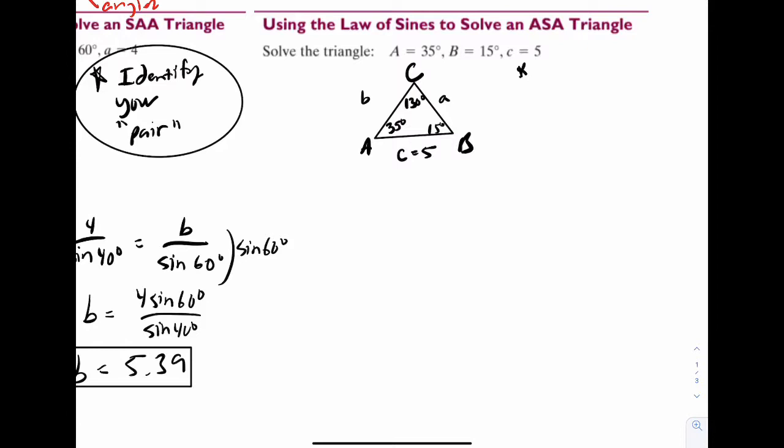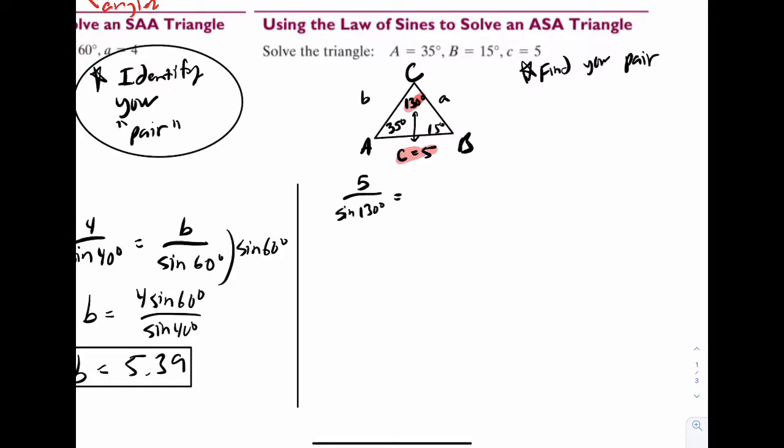Now again, the first step, find your pair. Hopefully you can already tell the pair is going to be right here, your 130 and your 5. So you can just highlight that right there. That's always where you're going to start. I'll put a divider for you. Write your pair, 5 over sine 130.